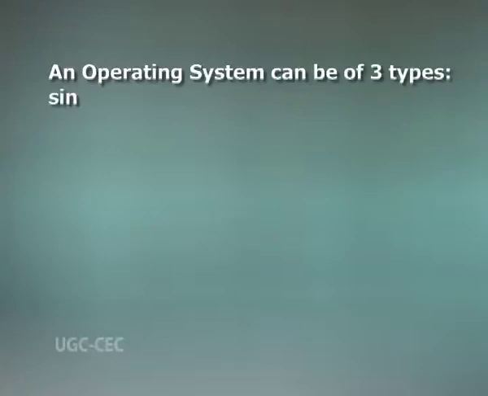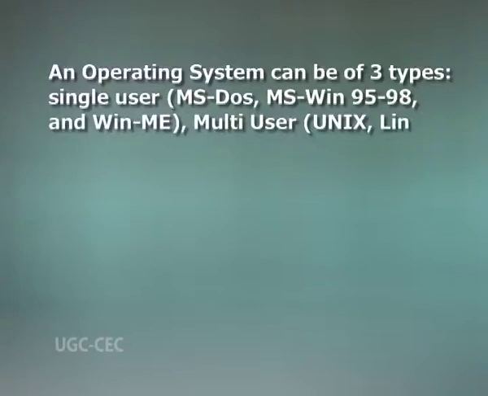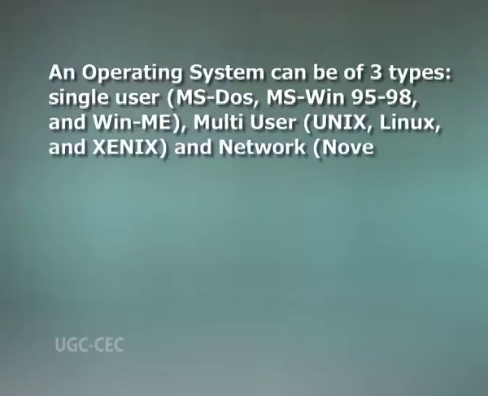An operating system can be of three types. First is single user, such as MS-DOS, MS-Win 95 to 98 and WinMe. Second is multi-user like Unix, Linux and Xenix.